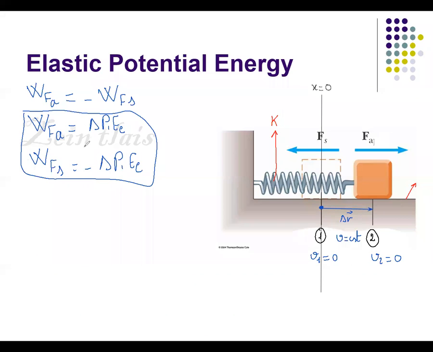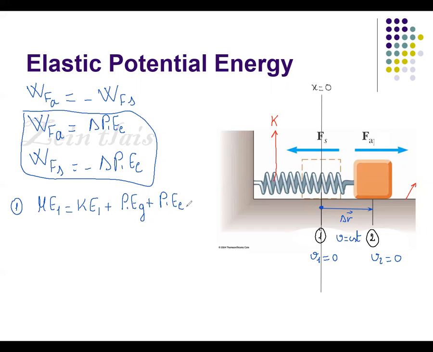Now, at position 1, we don't have V. In general, the mechanical energy 1 equals the total kinetic energy at position 1 plus the total potential energy, potential energy G plus potential energy elastic.